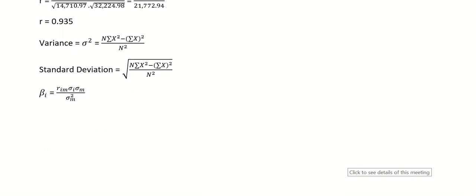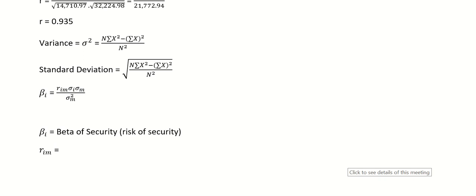So beta I is the beta of the security, which we can also call the risk of the security in which you are investing. Then we have RIM. RIM is the correlation between the individual security and the market returns.